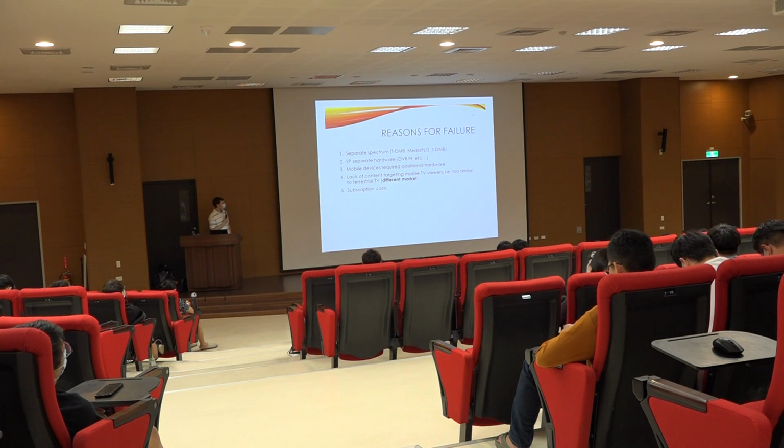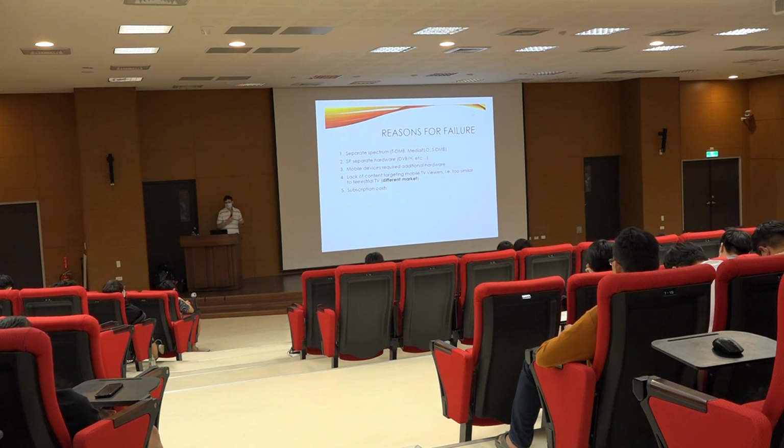Number 4 is more of a content issue. Mobile TV failed miserably because it didn't target content for mobile TV viewers. People that watch TV on their cell phone are, let's say, waiting for a bus. Do you watch a long TV program on your cell phone? No. You watch something short, such as Dailymotion or some short video on Facebook.